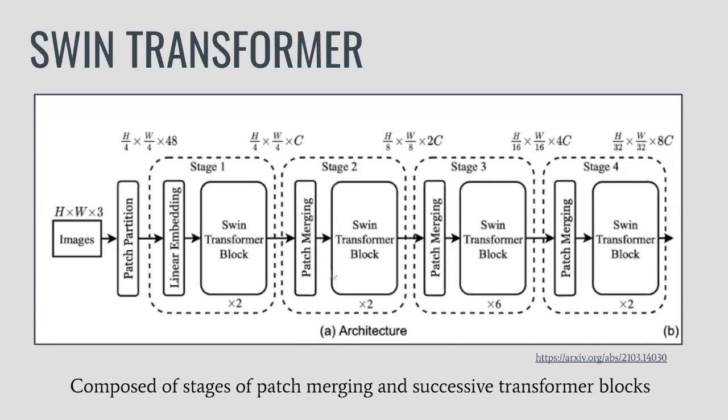The first block of patch merging and feature dimension is denoted as stage 2. As we can see, stage 3 and stage 4 are nothing but the repetition of stage 2. Now, let's better understand each block, what each of the blocks is doing.